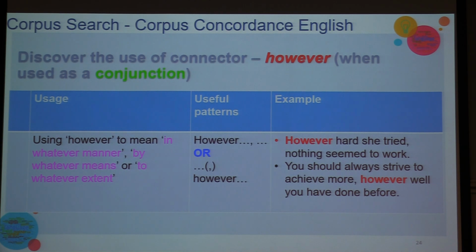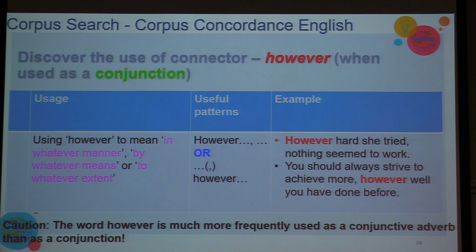So you can see that when you encourage students to search, you need to give them guidance. If you just ask them to search, it's very difficult, particularly for those who have first encountered corpus searches. You can see that the word "however" is much more frequently used as a conjunctive adverb than a conjunction.